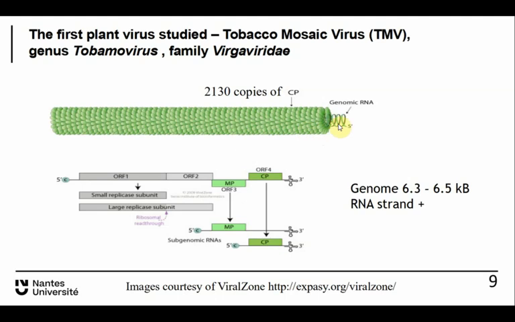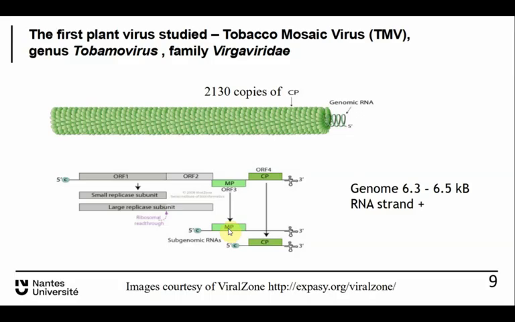Now, when you look at the genome, it has 6.5 kilobases of plus strand RNA. The 5' end has a cap, and the 3' end has some secondary structures but doesn't have a poly A tail. And you have 1, 2, 3, 4 open reading frames in the genome. ORF1 and ORF2 code for the RNA-dependent RNA polymerase. ORF4 codes for the capsid protein, and ORF3 codes for the movement protein.